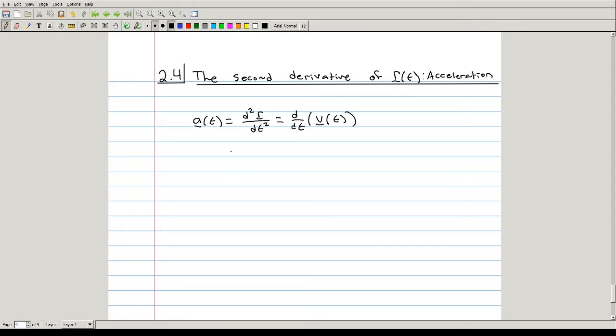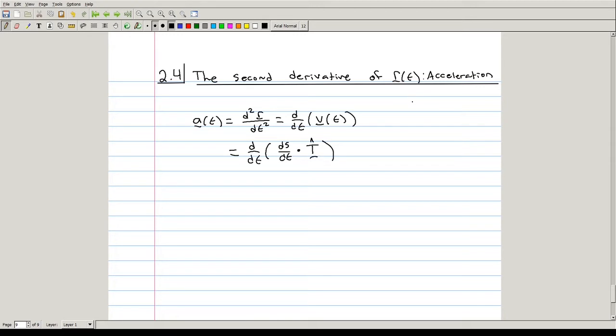But recall that we can decompose the velocity vector as the following: the velocity vector is just the speed, or the rate of change of arc length with respect to time, multiplied by the unit tangent vector, where both of these are functions of time.